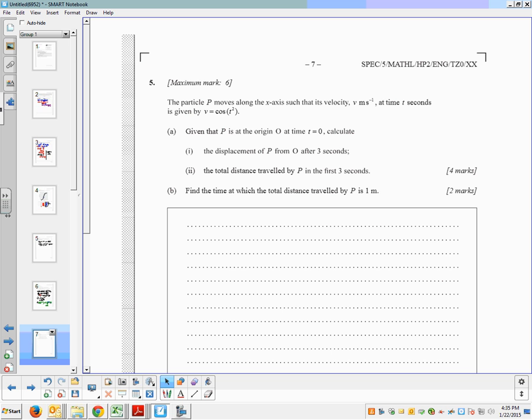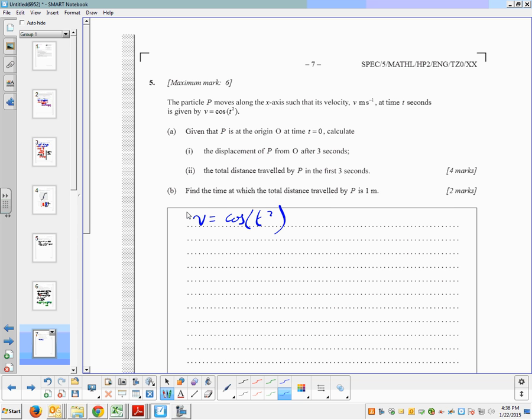Okay, a bit of kinematics. Particle P moves along the x-axis such that its velocity is given by cos of t squared. Given that P is at the origin at time t equals 0, calculate the displacement of P from 0.